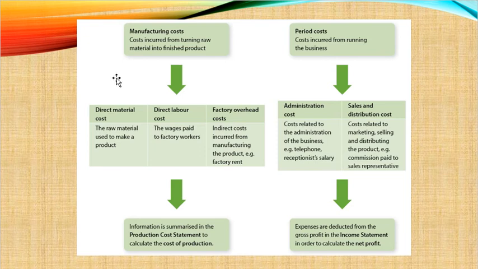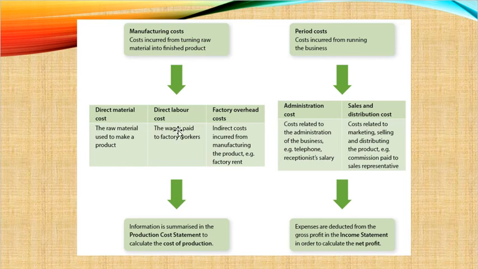Very important to distinguish between these direct costs and indirect costs. So your direct material cost will be the material that you buy that you use in your finished product. So the material directly involved in the final product will be your direct material cost.